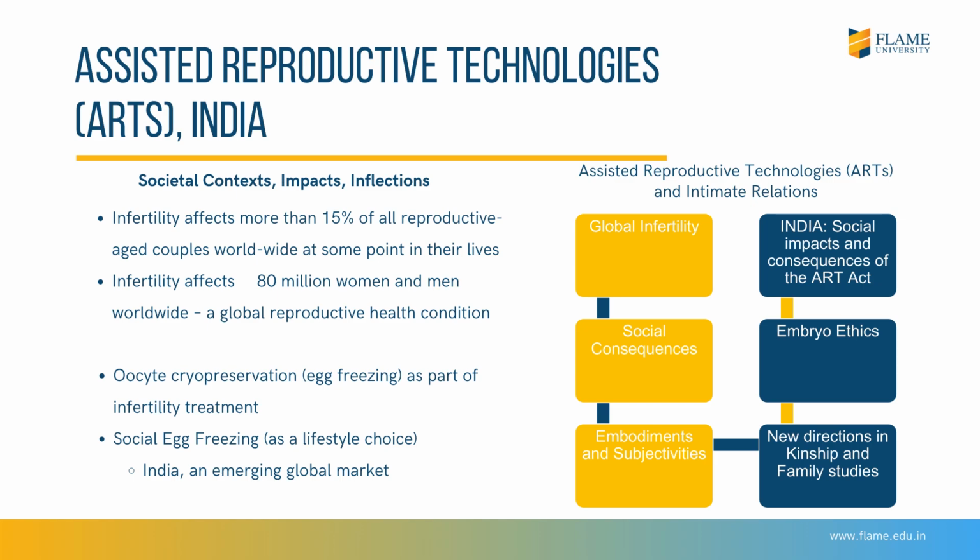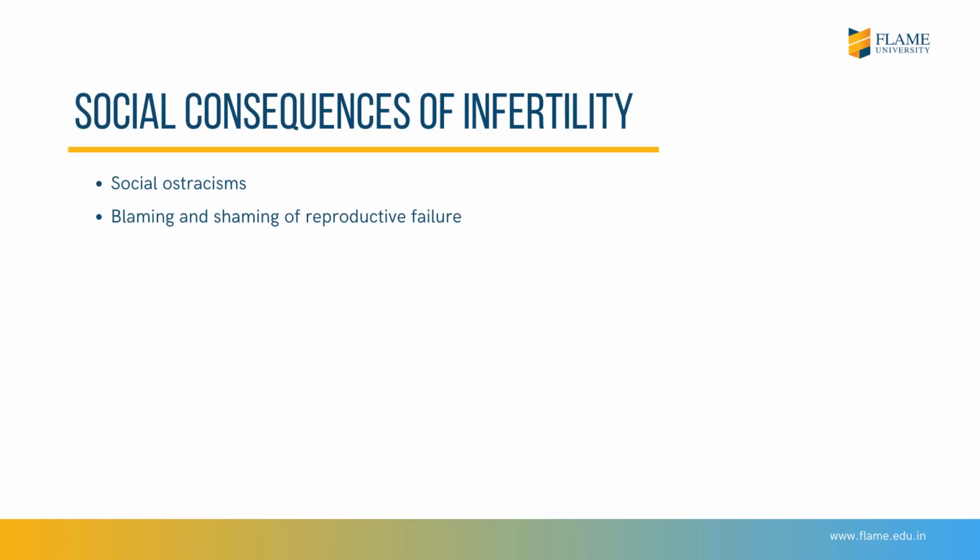And just to give you a little bit of social background context to this discussion, we are talking about technology and healthcare and medical practices, but there is a larger social context that is guiding this discussion. And in the context of assisted reproductive technologies, there are distinct social consequences when couples have a health condition of infertility, and it often impacts social institutions of family and marriage, in the form of social ostracism, in the form of stigmatization, either of the person or of the couple or of the family across scales.